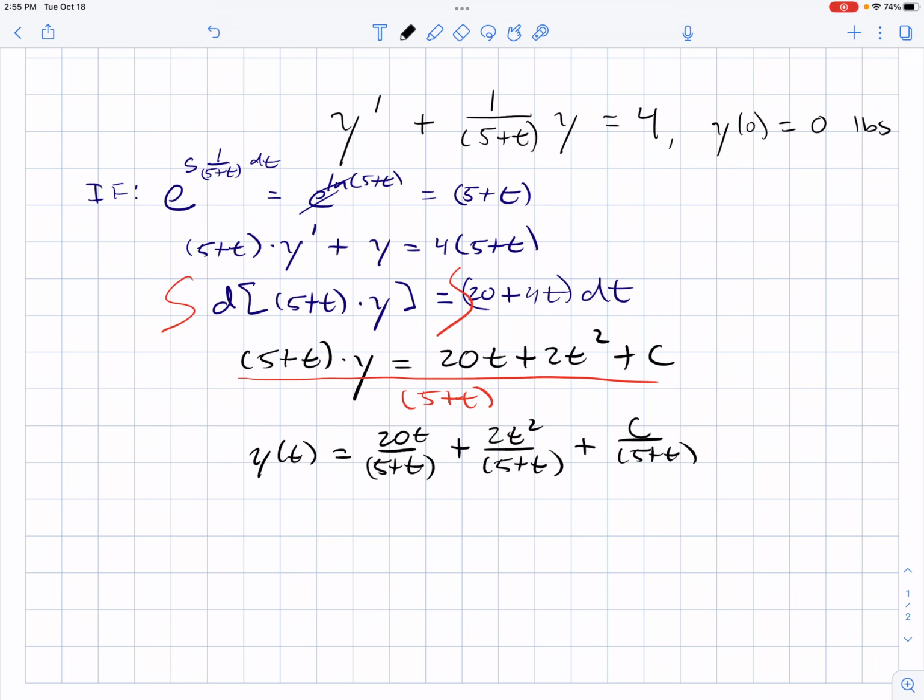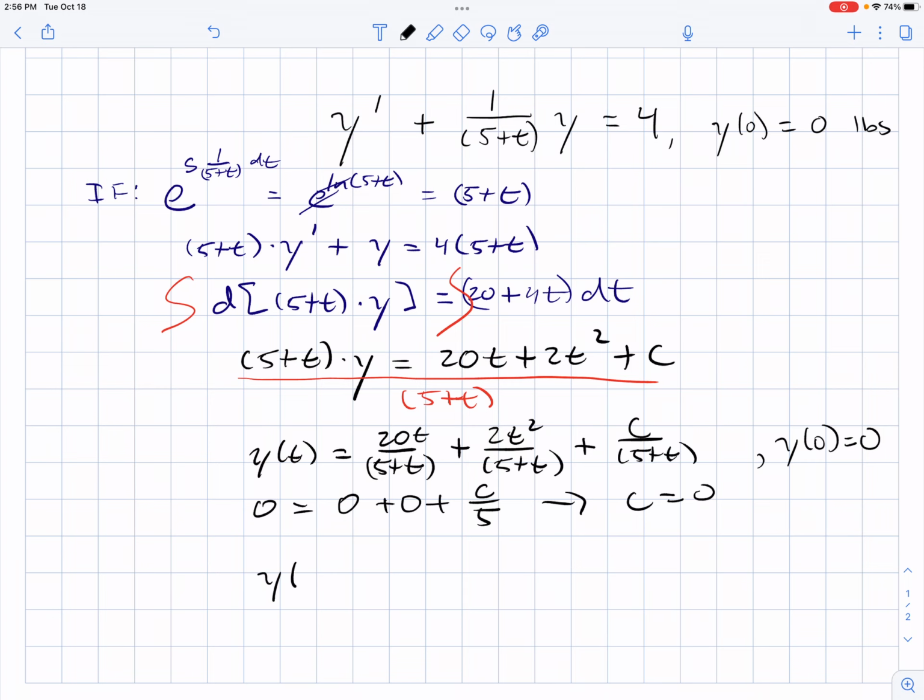And we also know our initial value of y of 0 being equal to 0, so we can plug that in to find what c is. So that's 0 plus 0 plus c over 5, which does just end up giving us c being equal to 0.